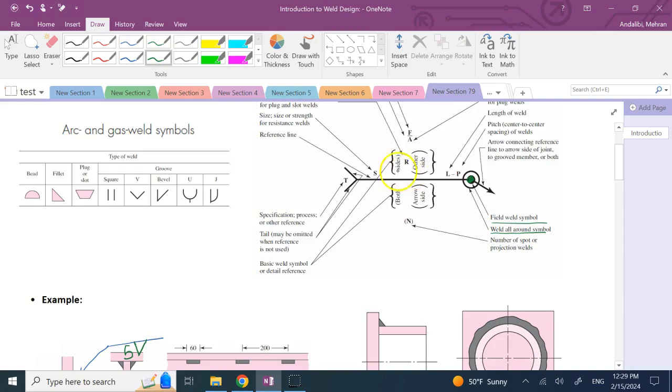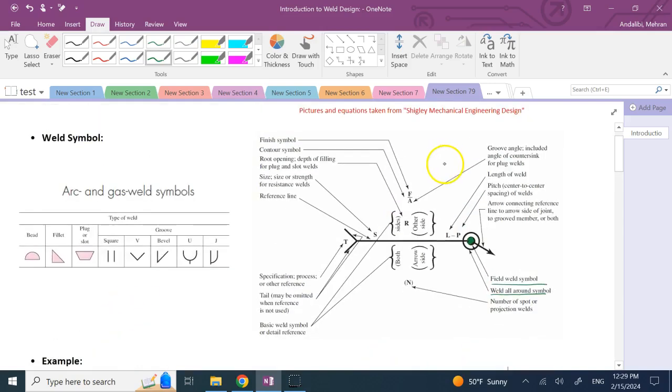What information would you put above and below? As you can see here, it's the contour symbol, so what kind of shape of weld it is, as well as the size of the weld.